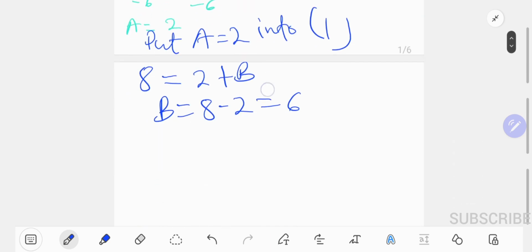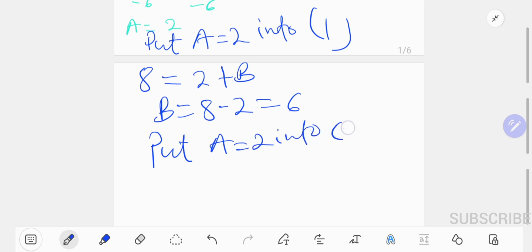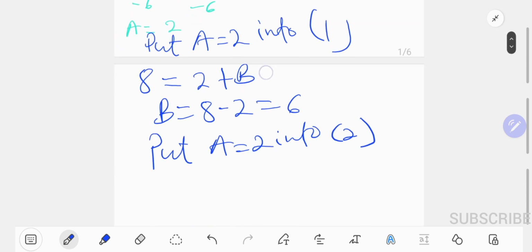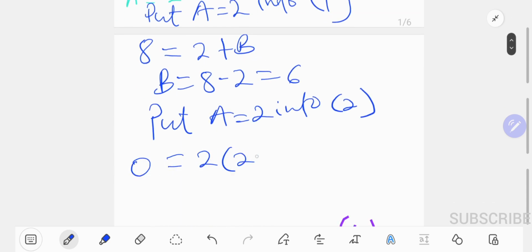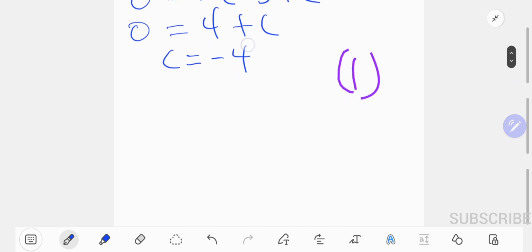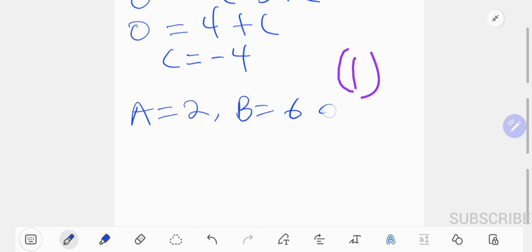In the same way, we put a equals 2 into equation 2. So we are going to get 0 equals 2 multiplying 2 plus c, so that means 0 equals 4 plus c. C is going to be minus 4. Okay, so we've been able to find the values of a, b, and c. So we have a equals 2, b equals 6, and c equals negative 4.